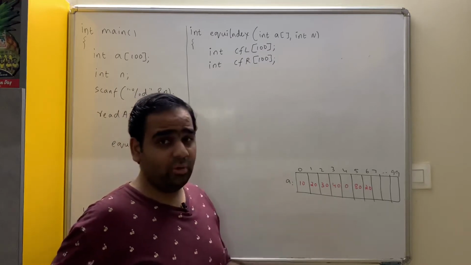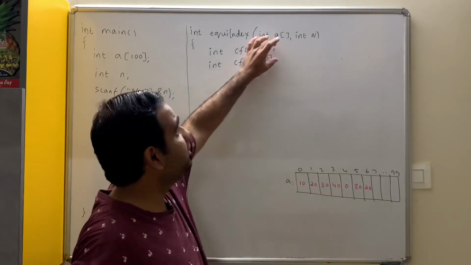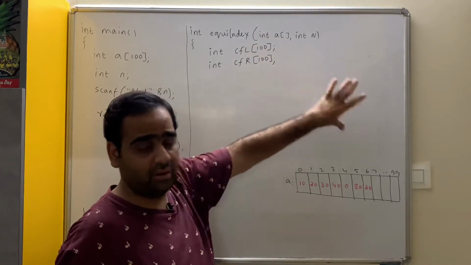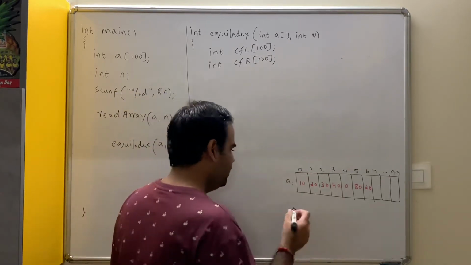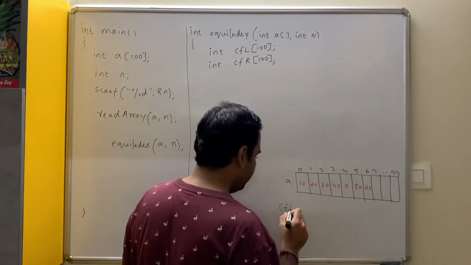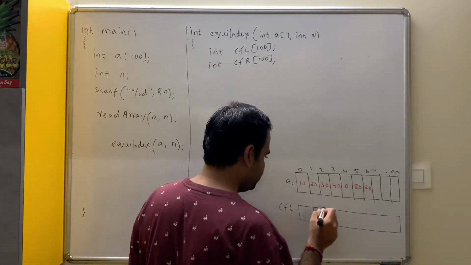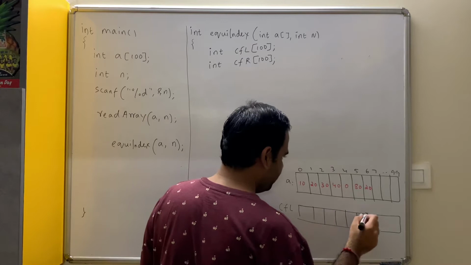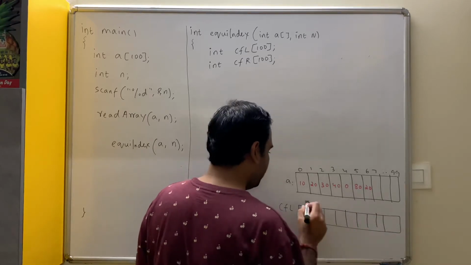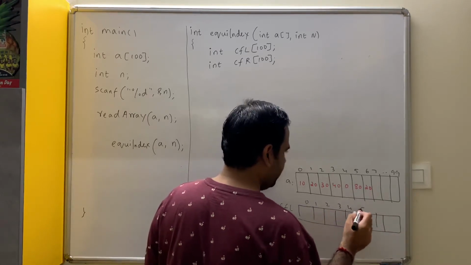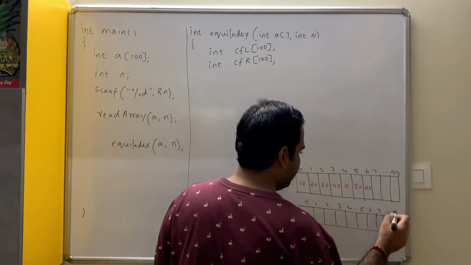There are 2 methods, again I am saying. I will explain one more method where you do not use these 2 extra arrays. I am showing how to use these 2 extra arrays so that you know how to code by taking extra arrays as well. Now this is the cumulative frequency of LHS, indices 0, 1, 2, 3, 4, 5, 6, 7, so on up to 99, I'm sorry.